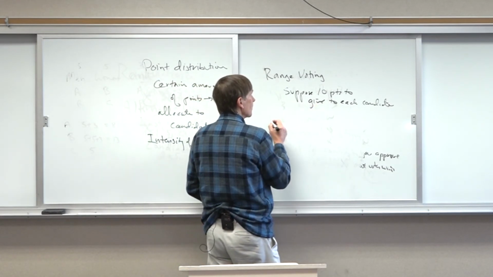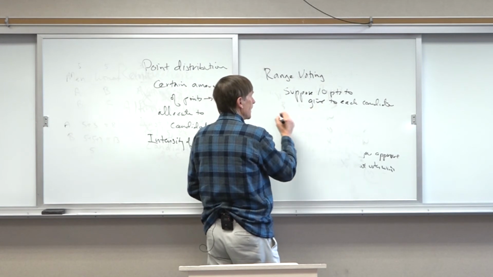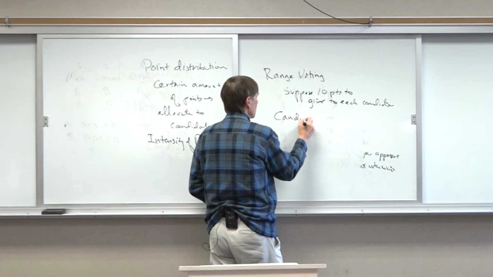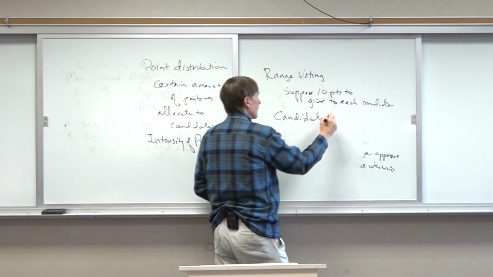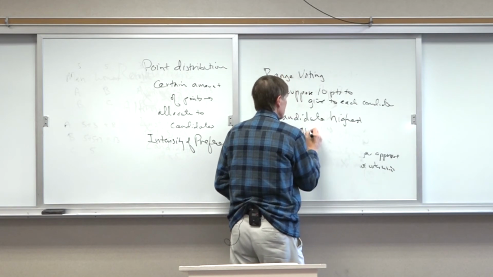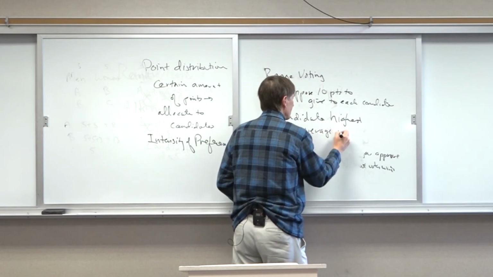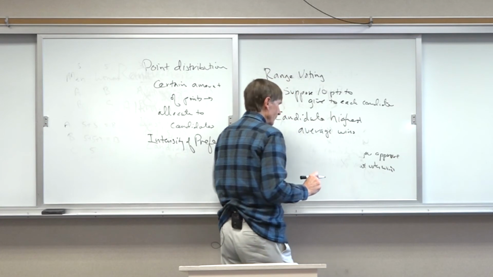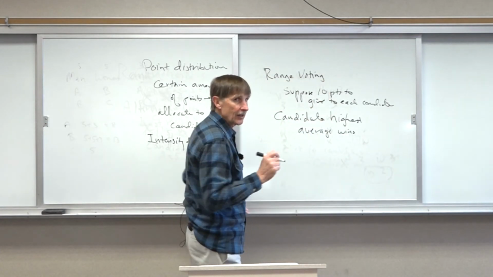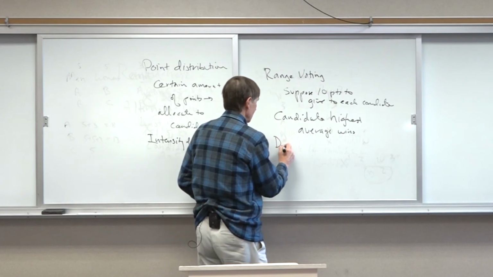So I'm giving 10 points to give to each candidate. And then the candidate with the highest average wins. If you don't vote for a candidate, it doesn't affect their average. Okay?